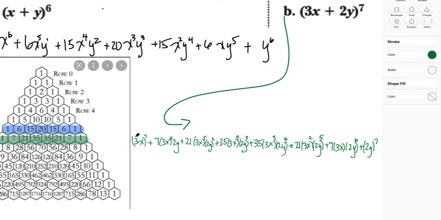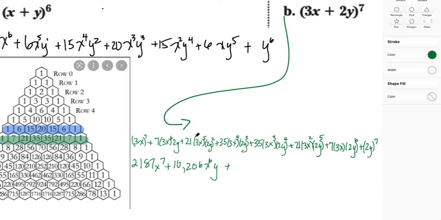So if I were to take 3 and raise it to the 7th power, that would end up being 2,187 times x to the 7th power. Yes, I know. And then 3 to the 6th power times 7 times 2 is going to end up giving me 10,206, and that's x to the 6 y. And then you see where this is going, right?